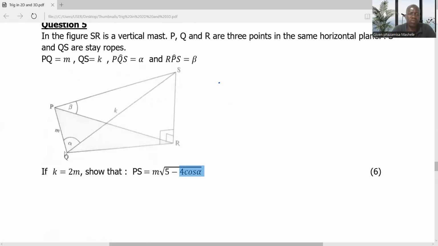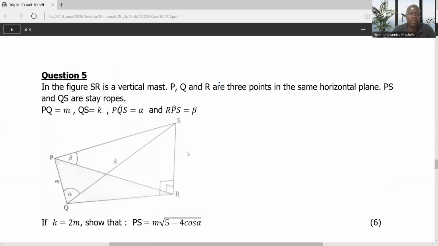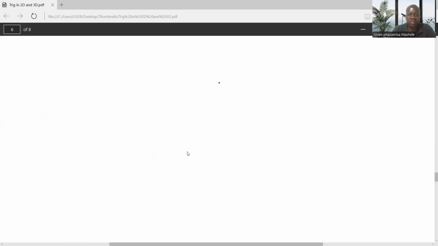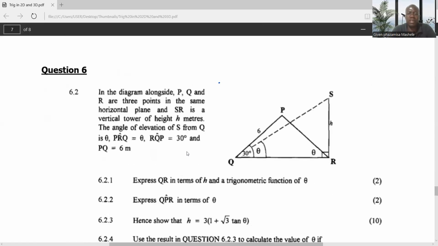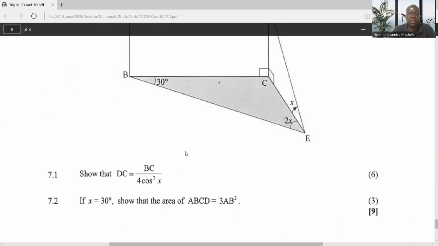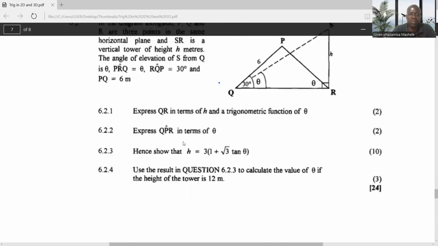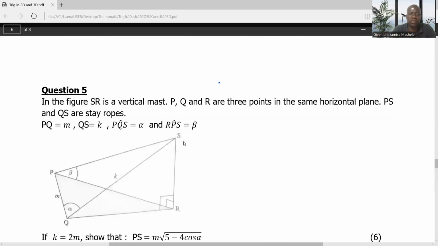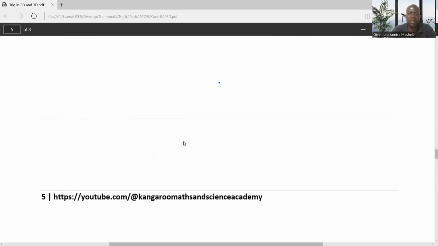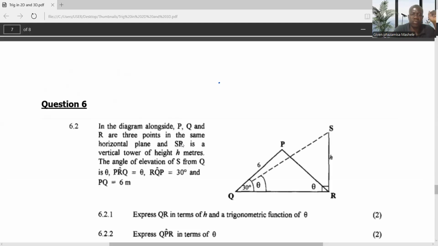And after that, you move on to question 5. So for now, I'll just go through question 6 and 7. Then you do the other questions. Wherever you're failing, then you reach out to me, then I'll be glad to assist you.